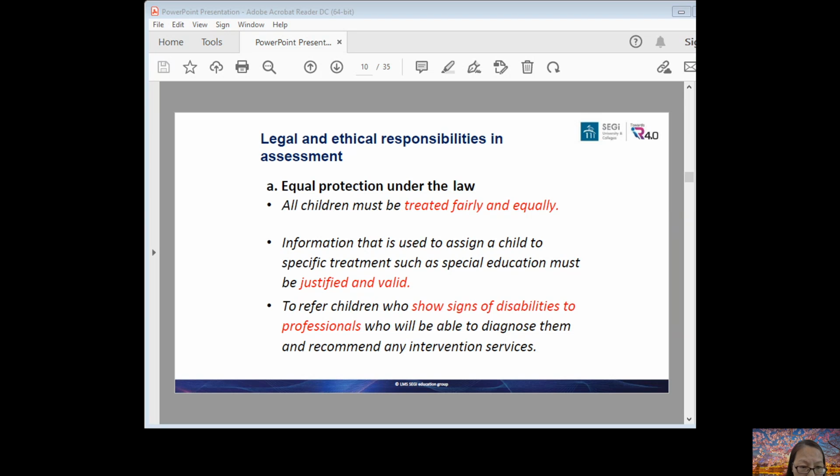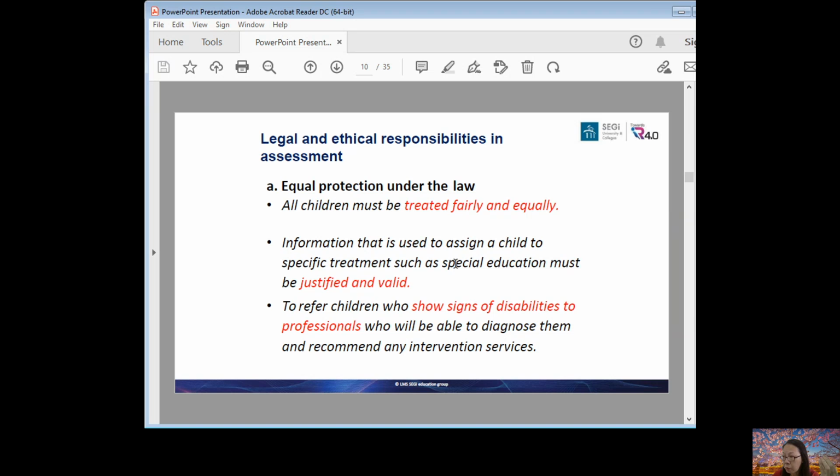The observer should know the ethnic background and any unique behavior of the child being observed, whether it's there or not. The information that you get is used to assign a child to specific treatment.